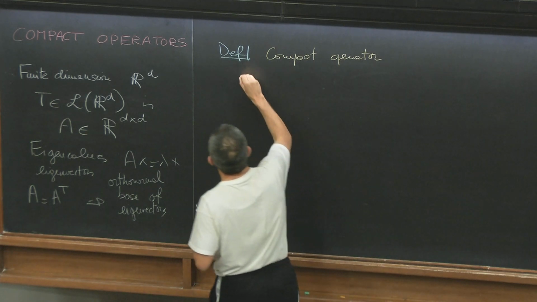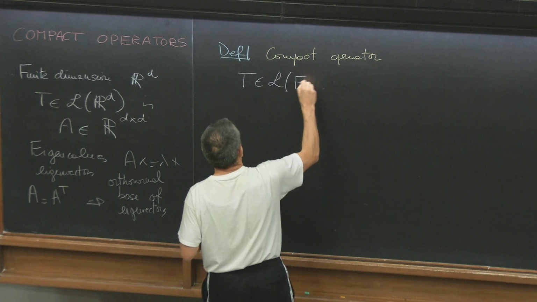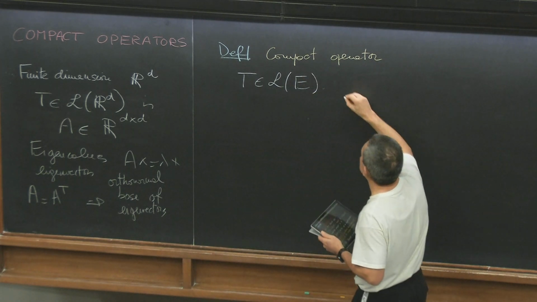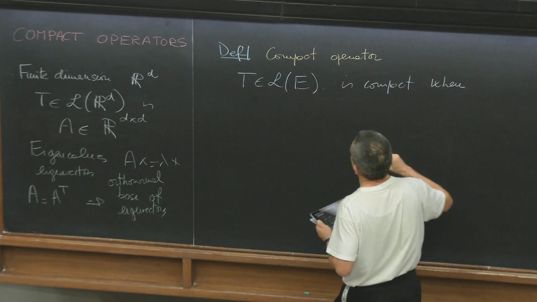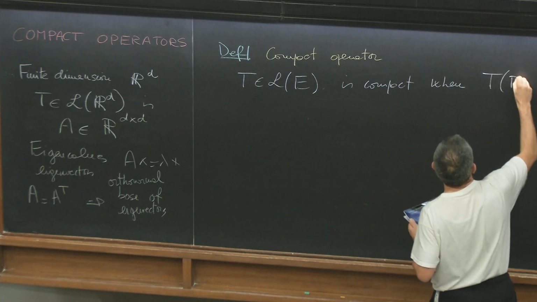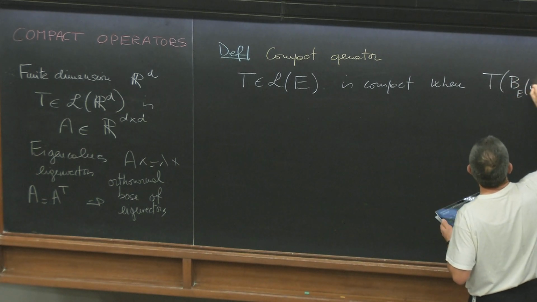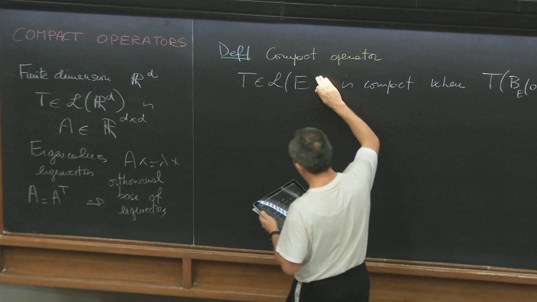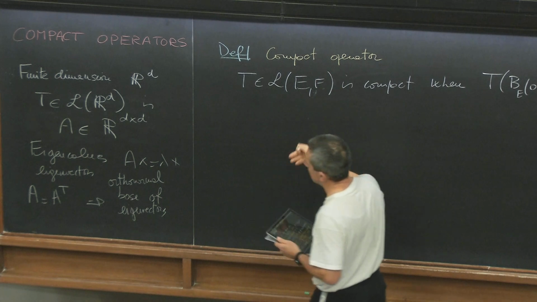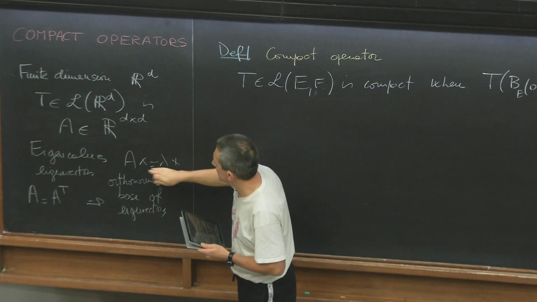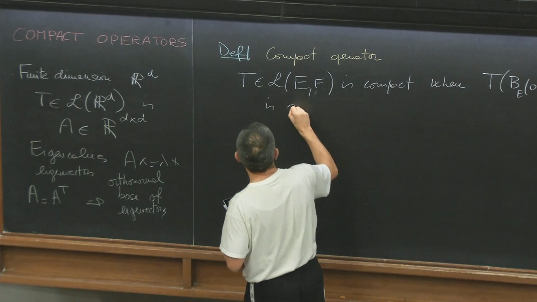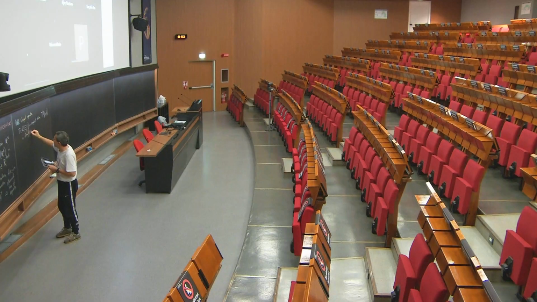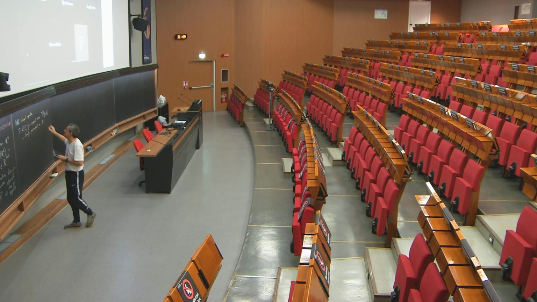The linear operator over a Banach space E is compact when the image of the unit ball, here I can take even from E to another space, but at the end the analysis will be done in the same space. So when the image of the unit ball is strongly pre-compact, so its closure is compact in F.